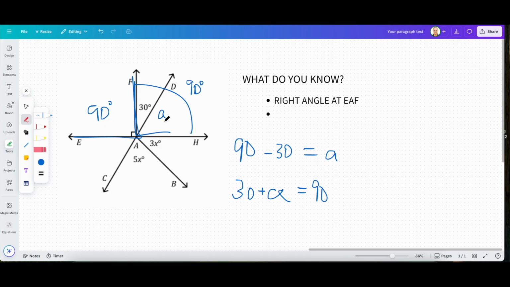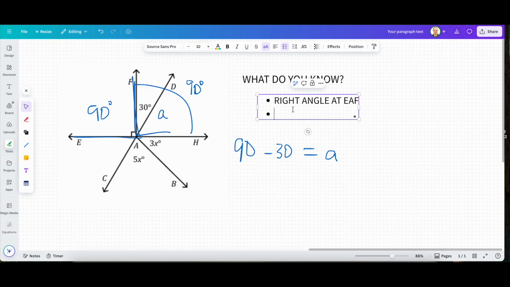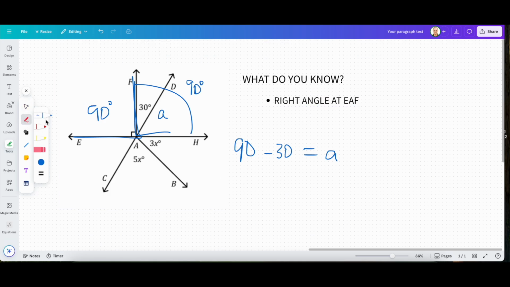So if I have 30 and A, together these will equal 90. And then if I do some algebra and make A by itself, I'll have 90 minus 30. We know that. And then A will equal 60.